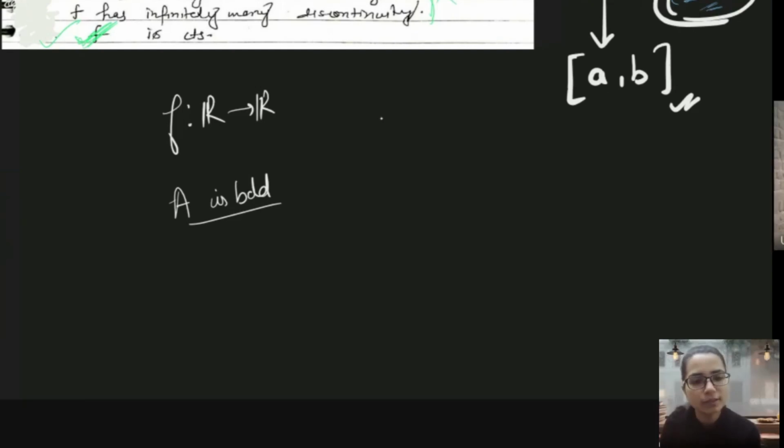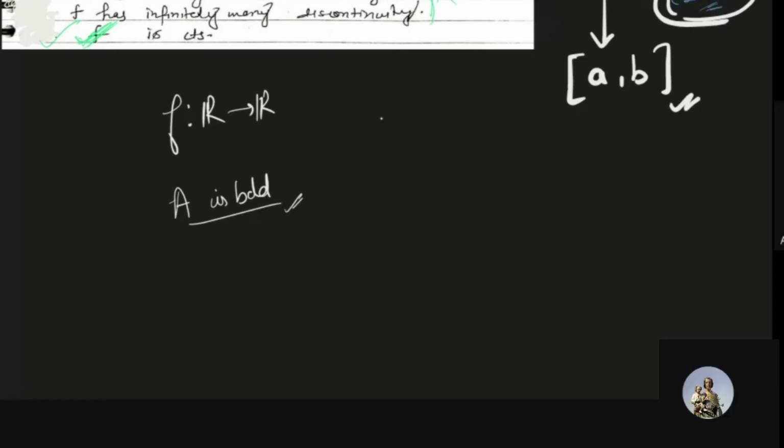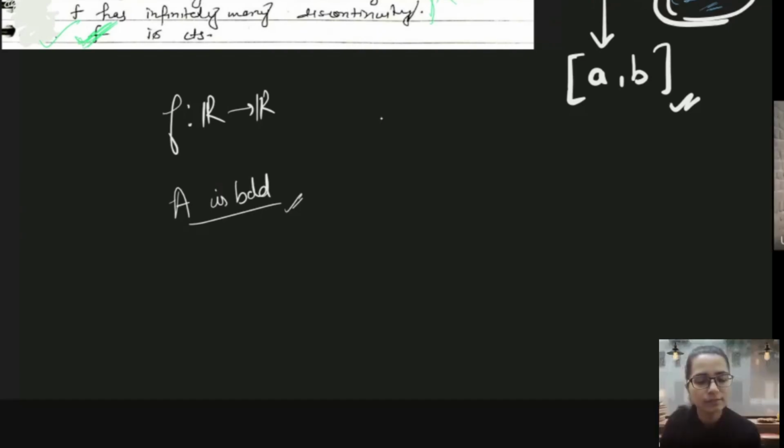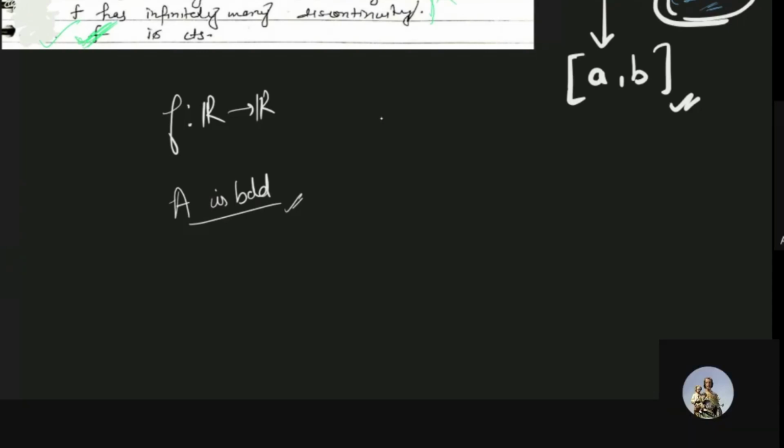How? Because f is continuous, A is bounded and it is from R to R, there should be a minimum and maximum value for that function, and the values must lie in between, so it should be bounded, right?